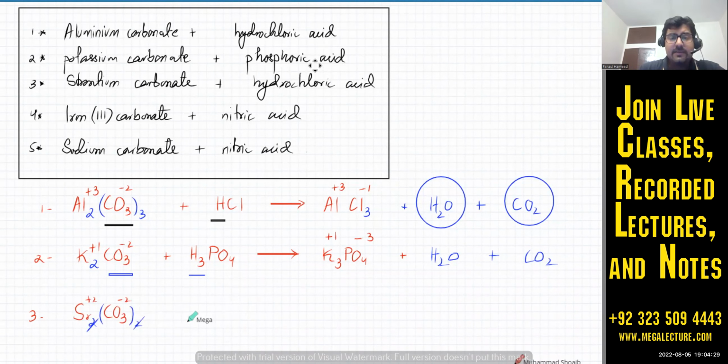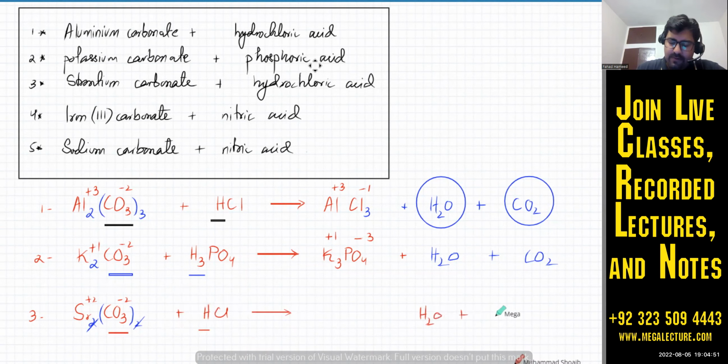This is the reaction. It's with hydrochloric acid again. So hydrochloric acid is HCl. What will be produced? The CO3 and the H will turn into water and carbon dioxide.